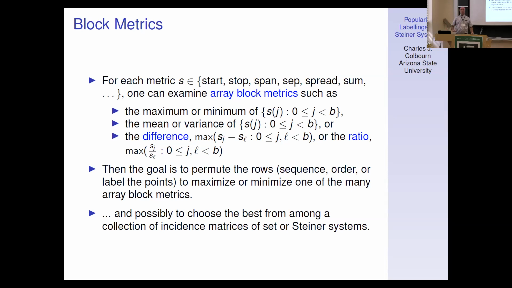If I haven't mentioned enough, of course, I'm still talking about doing this for one regular uniform set system, or I could just tell you the parameters of the regular uniform set system and say, you get to pick the system. Then you get to pick the ordering for the array block metric you're after.